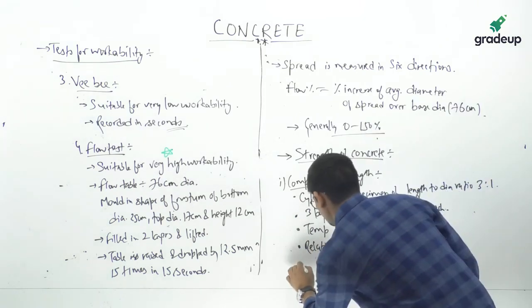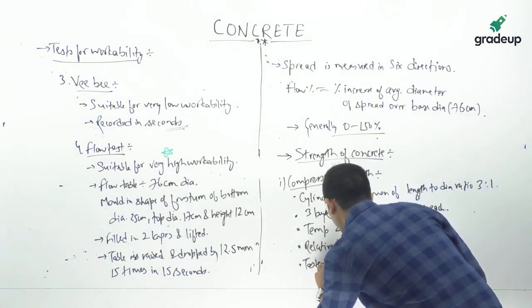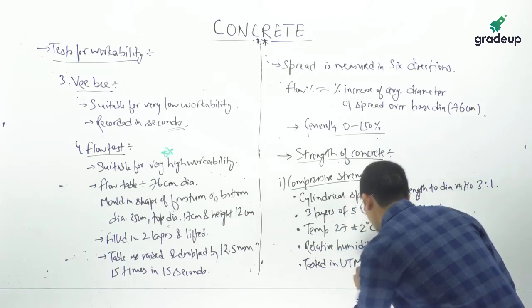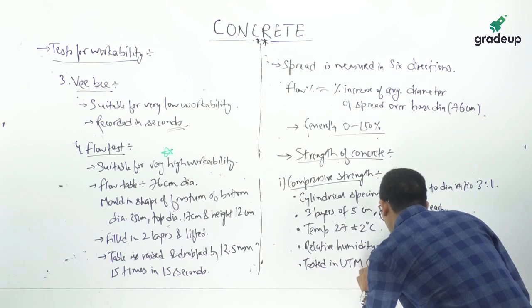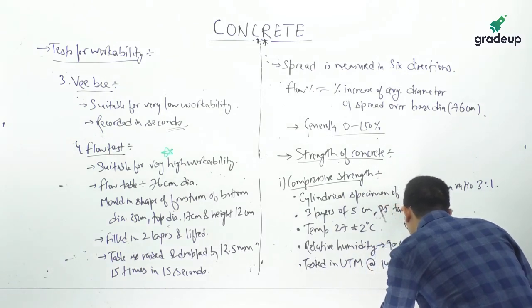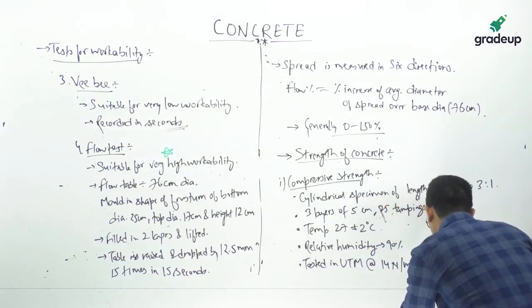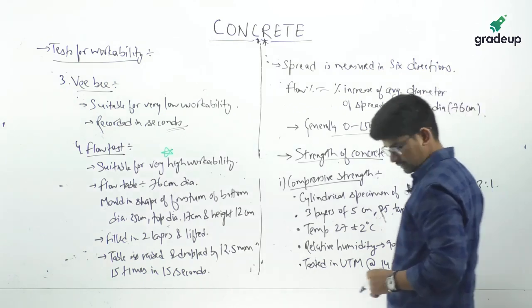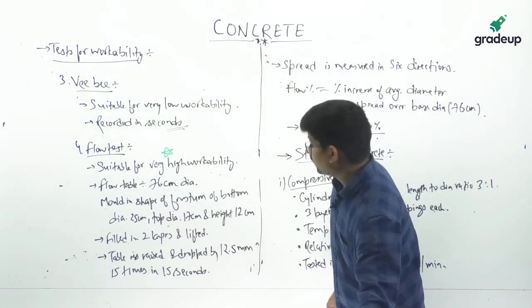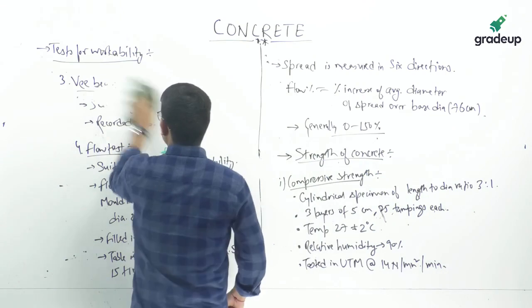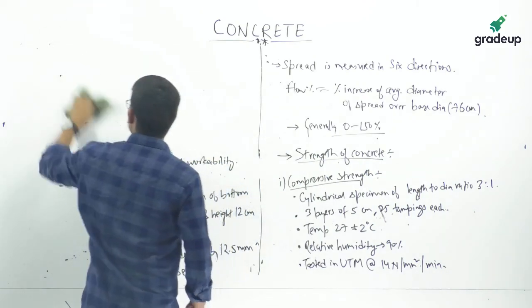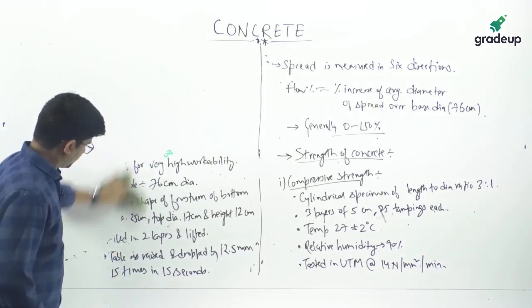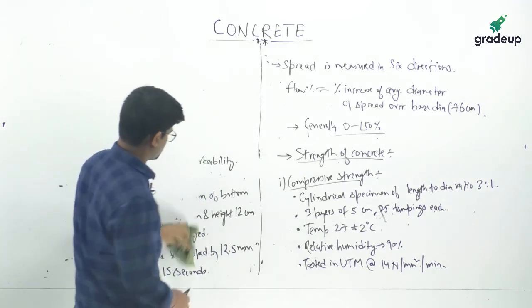And it is tested in the universal testing machine, UTM, and loaded at the rate of 14 Newton per mm square per minute. The load is calculated, and the cross sectional area you know, so with that you can calculate the 28 days compressive strength.